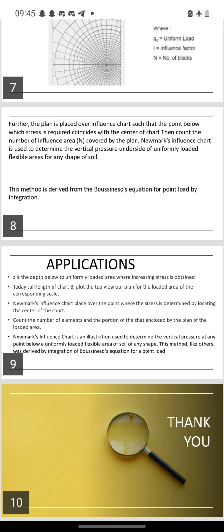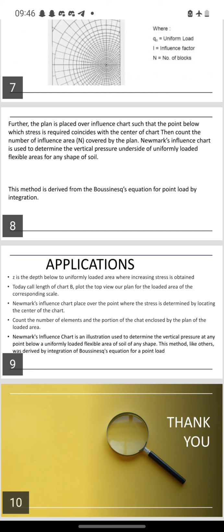Newmark's influence chart is placed over the point where the stress is to be determined, by locating the center of the chart. And third point, count the number of elements and the portion of the chart enclosed by the plan of the loaded area.